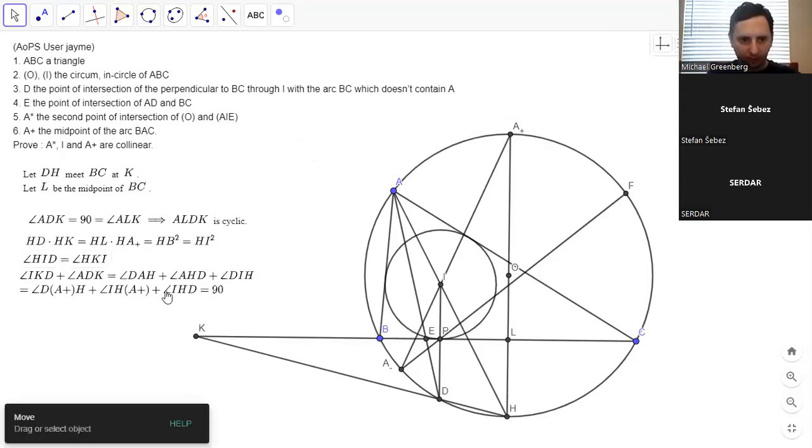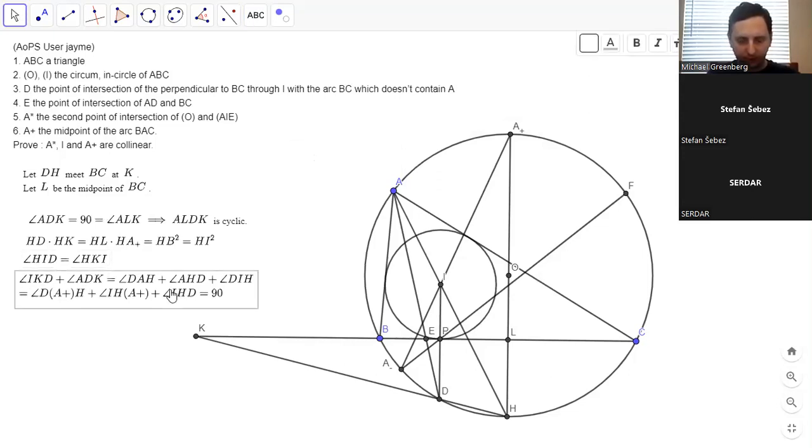So IKD plus ADK is DAH. So IKD is HID. And HID is DAH plus AHD plus DIH.